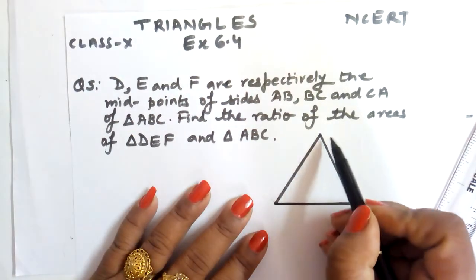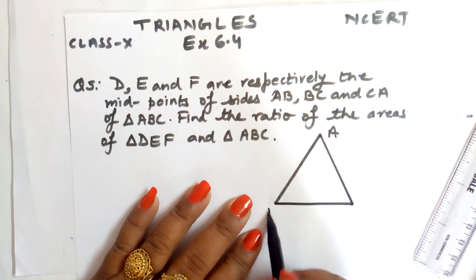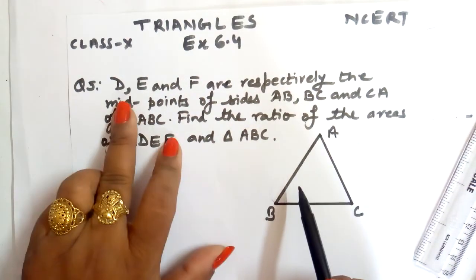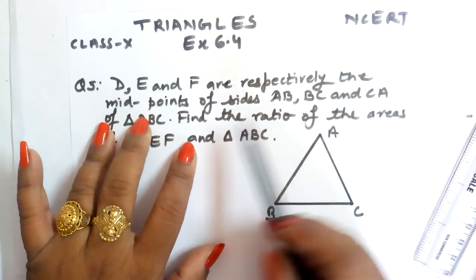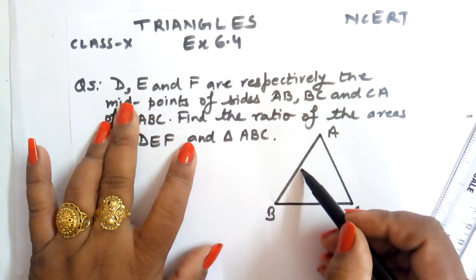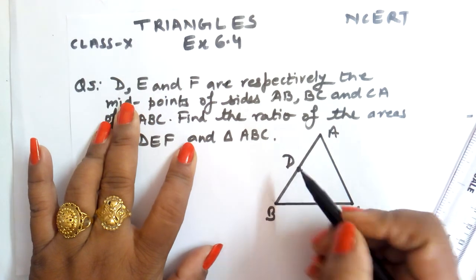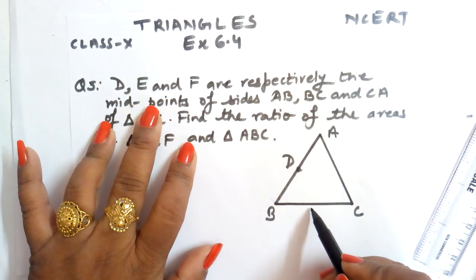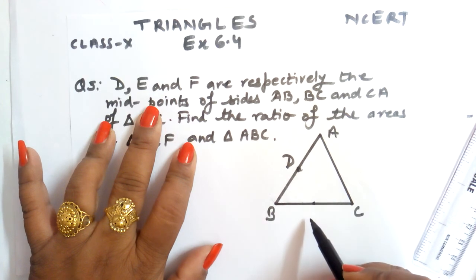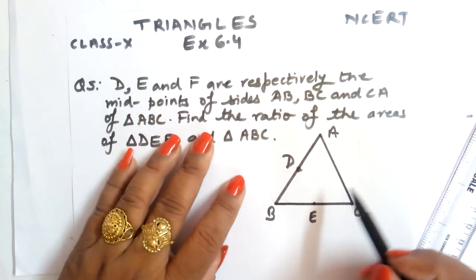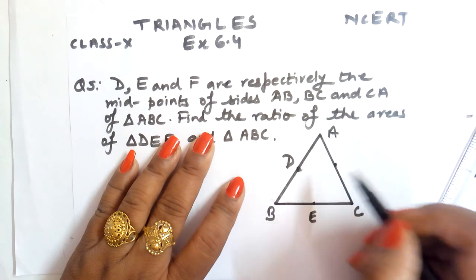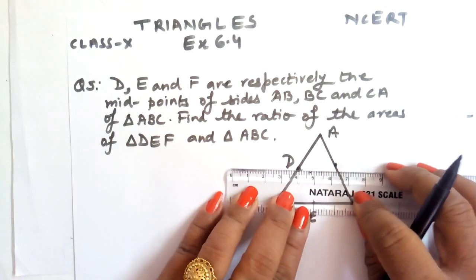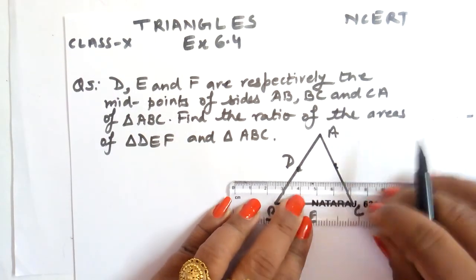First of all, let's give the names A, B and C. D is the midpoint of AB, E is the midpoint of BC and F is the midpoint of CA. Okay, now let's join these sides.